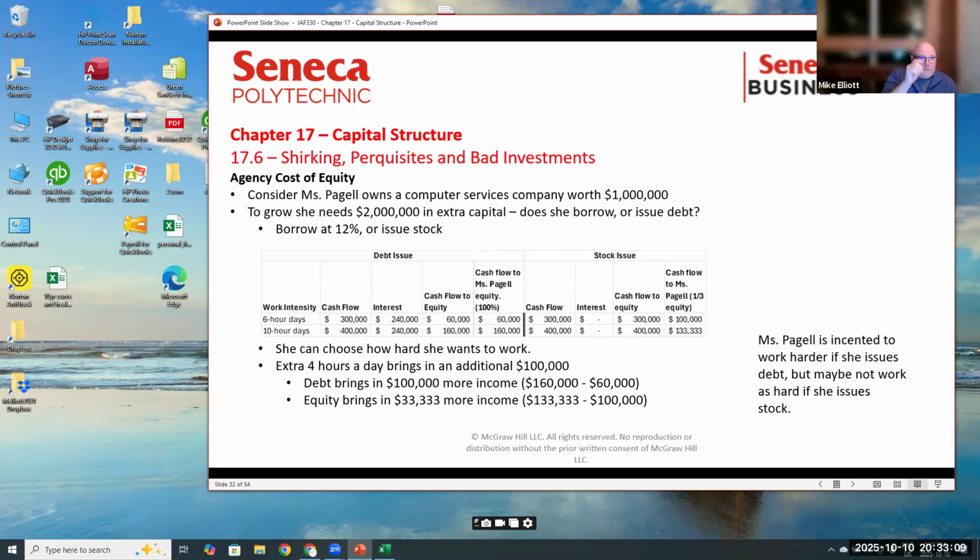So if I work 6-hour days, I either make $60,000 using debt or $100,000 using equity. If I work 10-hour days, I either make $160,000 using debt or $133,000 using equity.